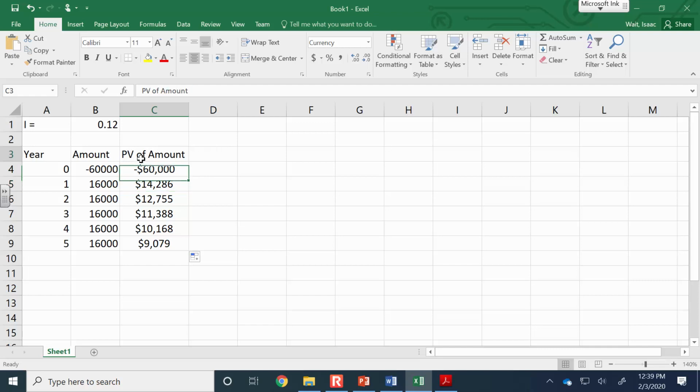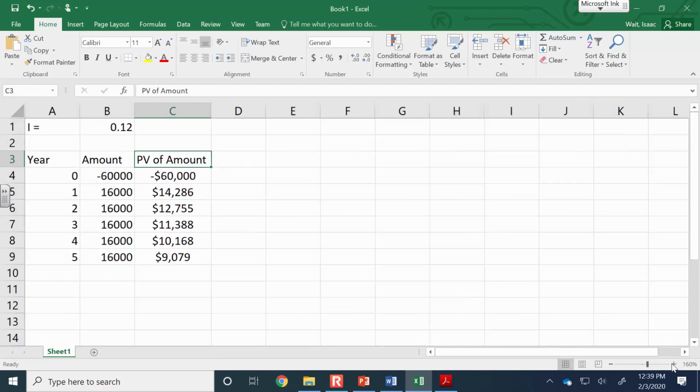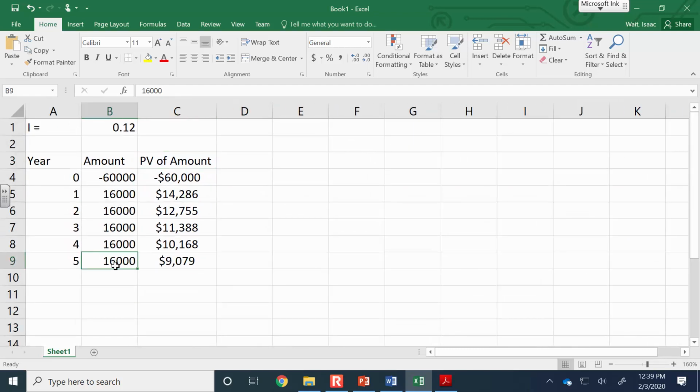So remember, these are present values. So what it means is, here's the language interpretation. $16,000 in 5 years discounted to the present is only worth $9,000 in today's terms. So it's so far in the future that it doesn't have much value today. Remember, money now is more valuable than money in the future because of inflation. And so in 4 years, that's fewer years of discounting.